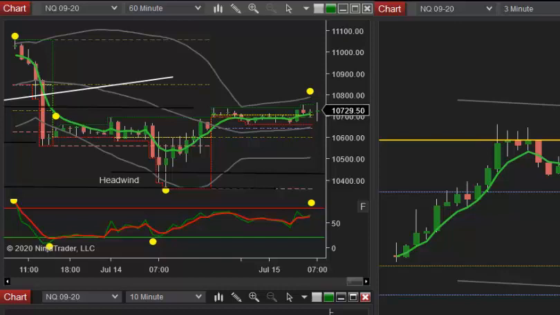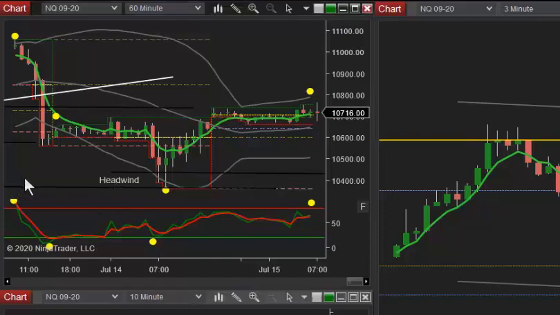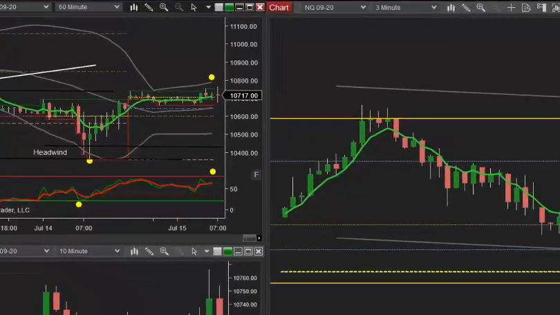Yesterday's a great example. The prior day we had a big down day. It looked like we were going to have some serious follow through to the downside, but we had reached oversold on the 60-minute RSI, and we had gone outside the lower Bollinger Band. It doesn't guarantee that it's not going to work. It just acts as a headwind.